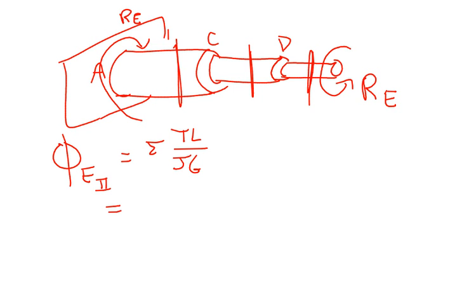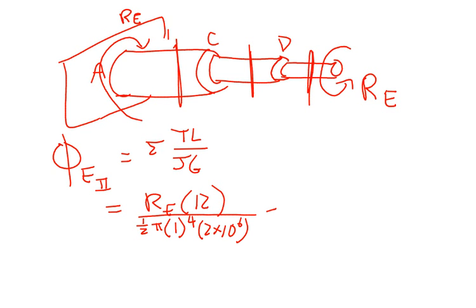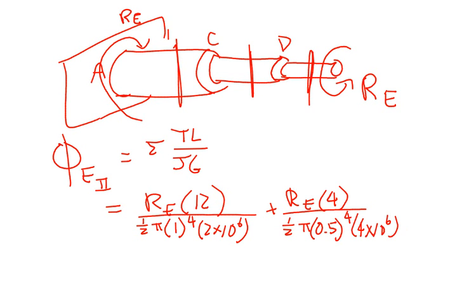So now it's going to be RE times 12 inches over 1/2 pi times 1 inch to the 4th, times 2 times 10 to the 6 psi, plus RE times 4 inches over 1/2 pi times 0.5 to the 4th, times 4 times 10 to the 6th, plus RE, what was the length here? I think it was 5 inches.